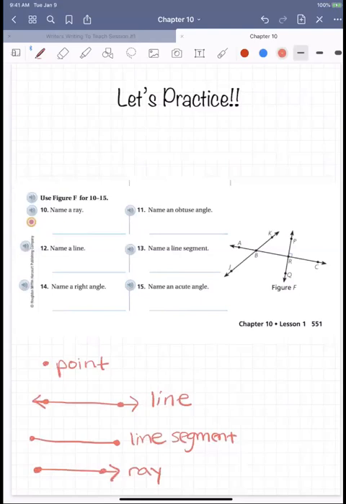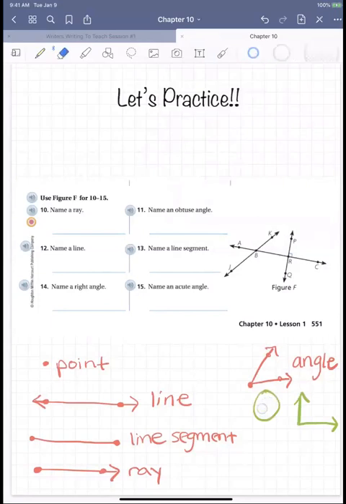And then for angles, an angle is formed by two rays. So that makes an angle. And we learned about four kinds of angles. So we have the right angle, and that means the right angle is forming that perfect square.